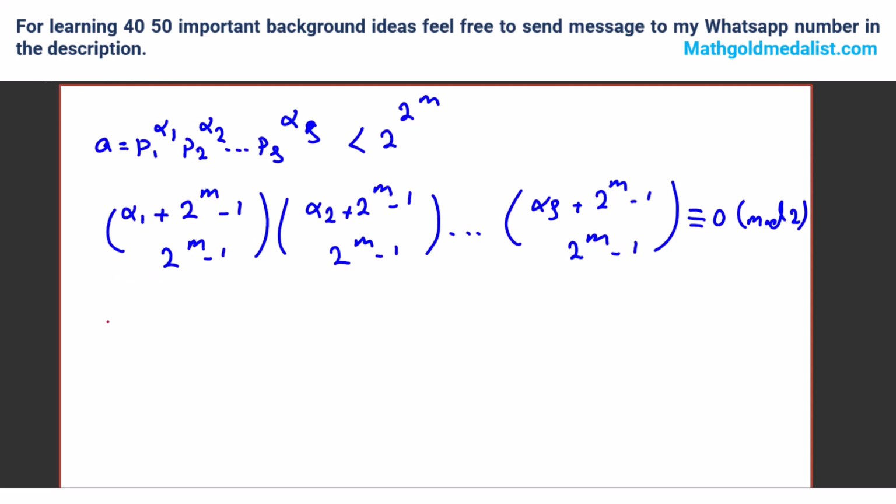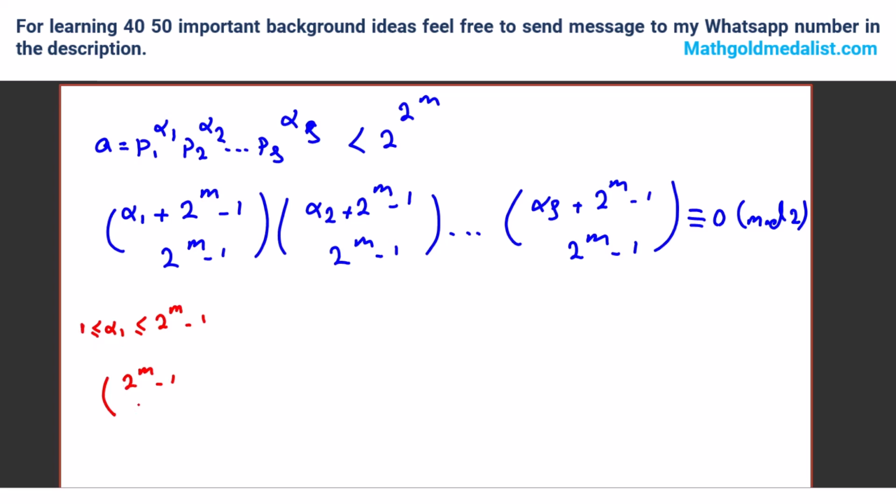Can you tell me alpha 1 is at most what? Alpha 1 is at most 2 raised to m minus 1. Exactly. So if alpha 1 is at most this, do you agree we can say it is at least what? At least 1.